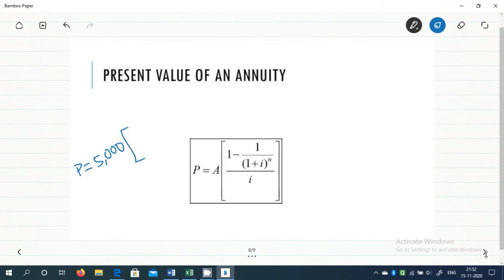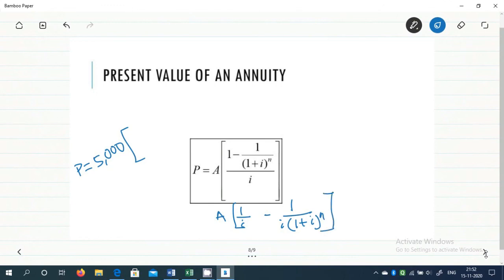I can write A into 1 by I minus 1 by I into 1 plus I to the power n.